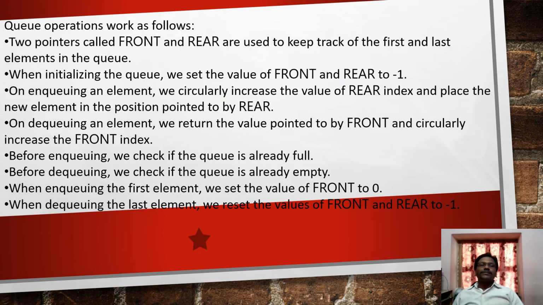Okay, queue operations are as follows. In a normal queue and a circular queue, there are mainly two pointers called front and rear, to keep track of the first and last element in the queue.